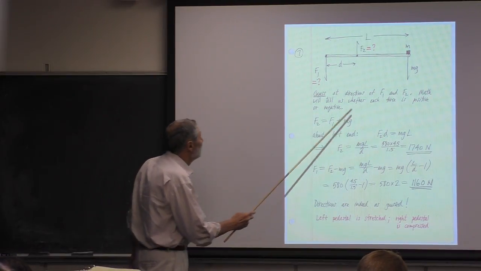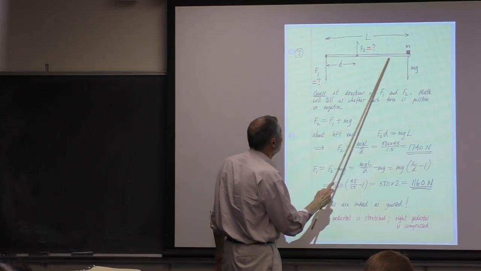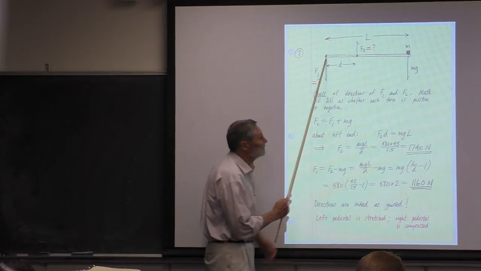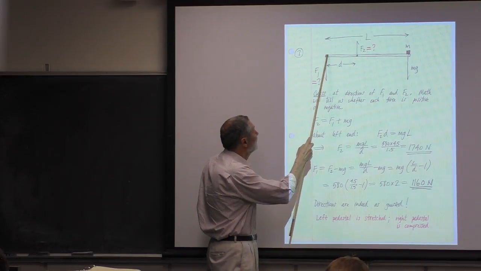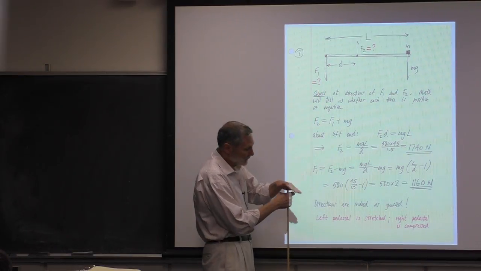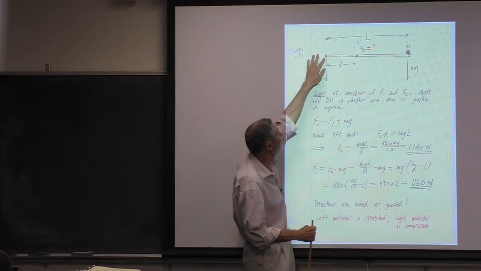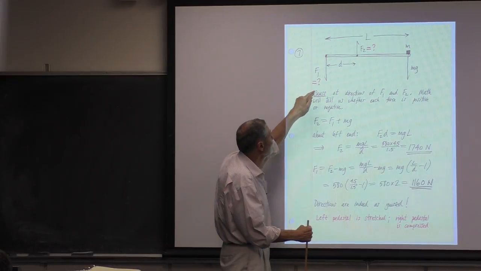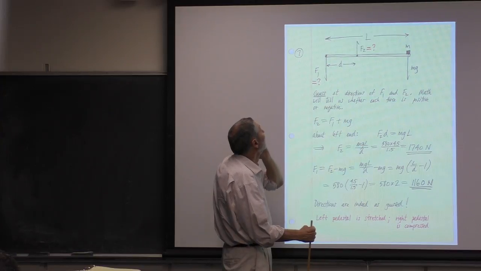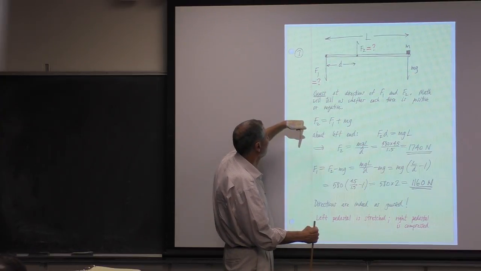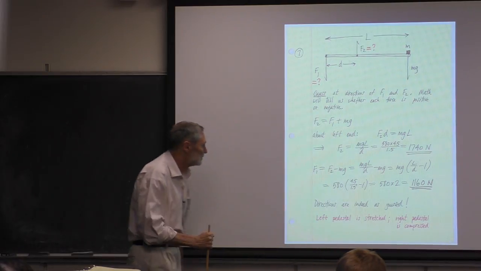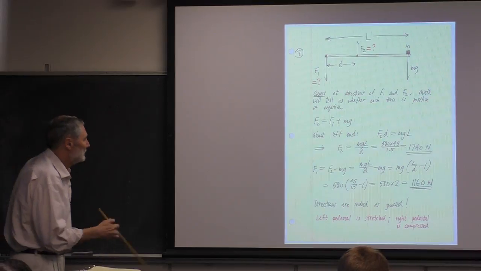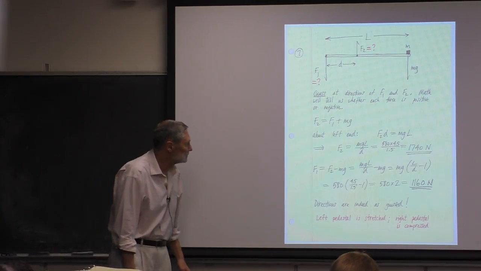And again, I think it's physically obvious here that this pedestal is going to be stretched. The board's going to have to be attached to the pedestal. It'll be stretching the pedestal here, because the force of the pedestal on the board is downward. That means by Newton's third law, the force of the diving board on the pedestal will be upward. It's going to cause it to stretch. And we get a value here.